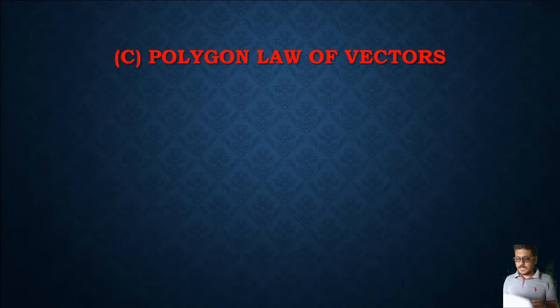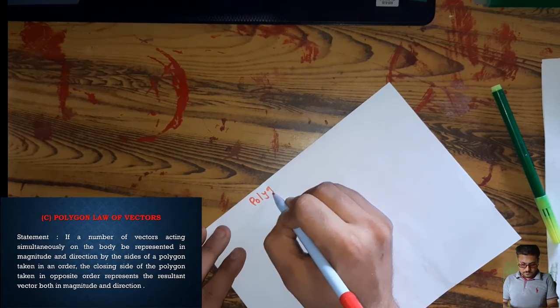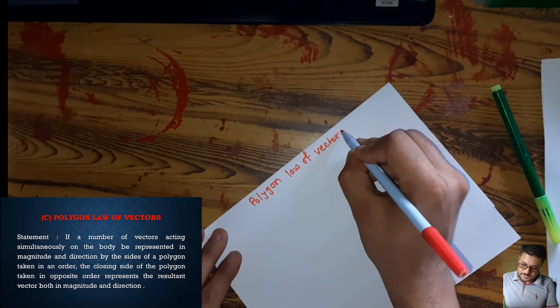This statement says that if a number of vectors acting simultaneously on a body are represented in magnitude and direction by the sides of a polygon taken in order, the closing side of the polygon taken in opposite order represents the resultant vector both in magnitude and direction. This is the third one.